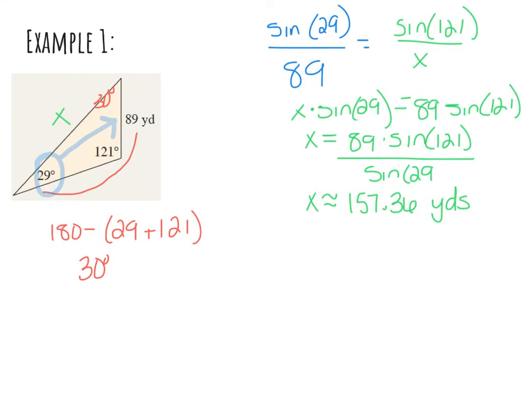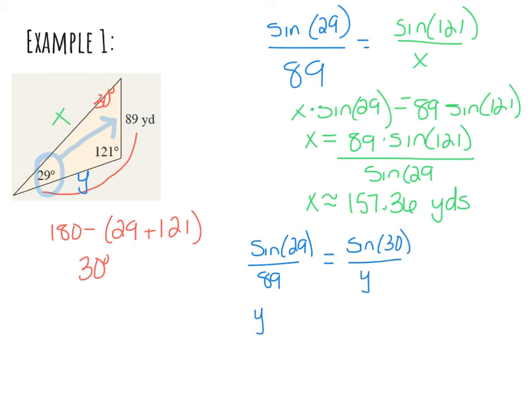Let's find that last side real quick. Let's call this last side y. So we'll always start at that same ratio. Sine of 29 is to 89. This time we're solving for y, so we would use the 30 degrees, which is opposite. Sine of 30 is to y.